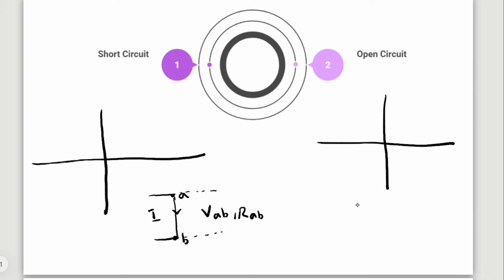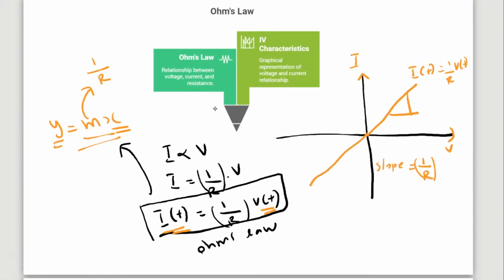Now, in case of open circuit, the circuit is like this: A, B. The voltage across it will be VAB, the resistance RAB, and let's say the current will be I. Now, let's consider the VI curve here, with I on one axis and V on the other.